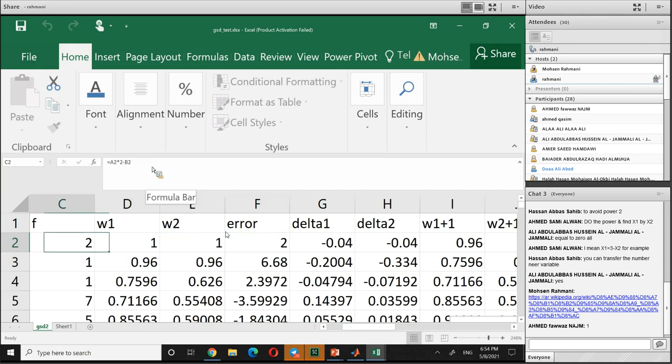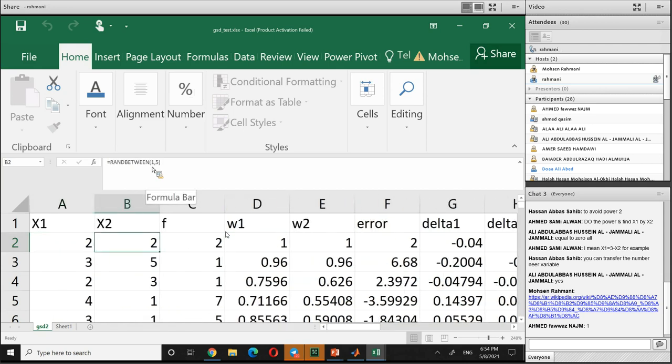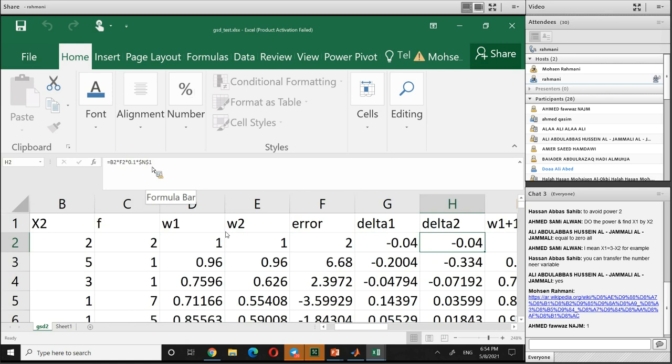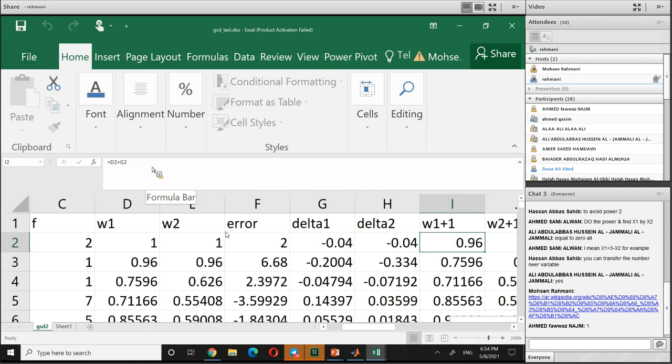Okay. Again, I have x1, x2, f, w1, w2, error, delta 1, delta 2. This is w1 after changing by the GD rule.